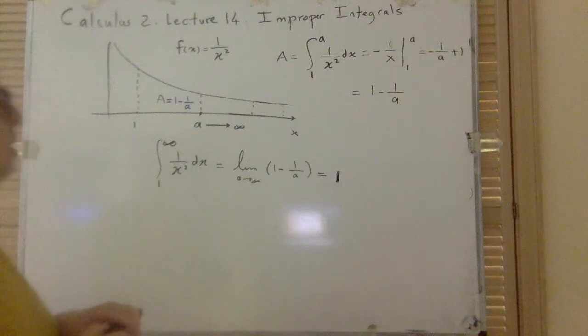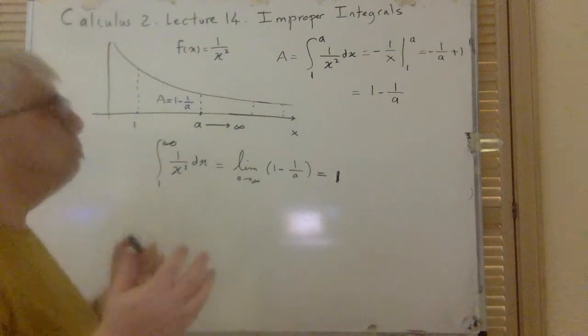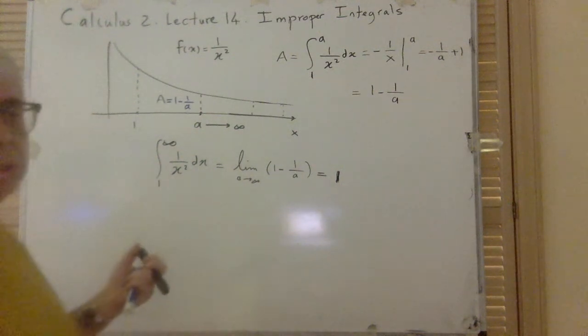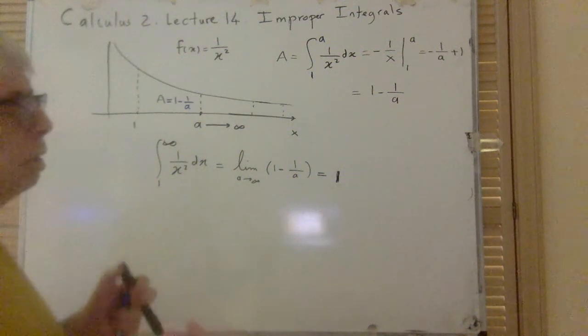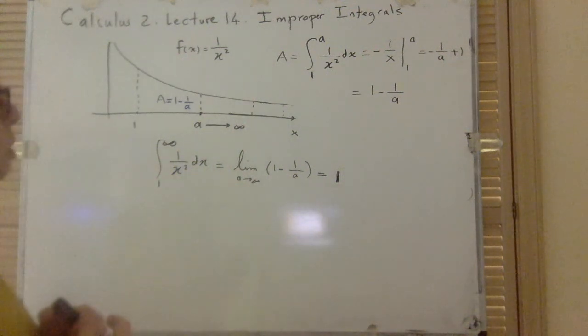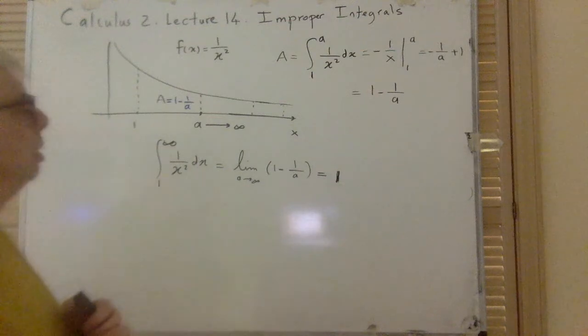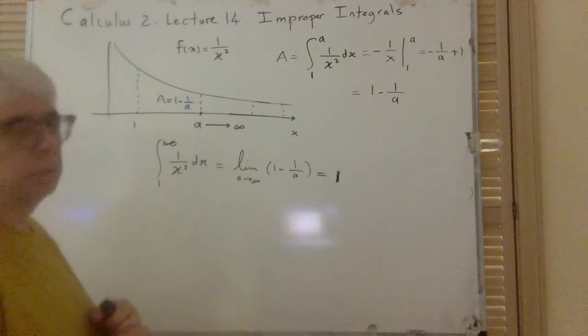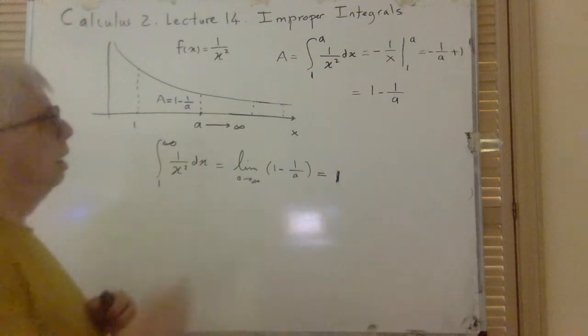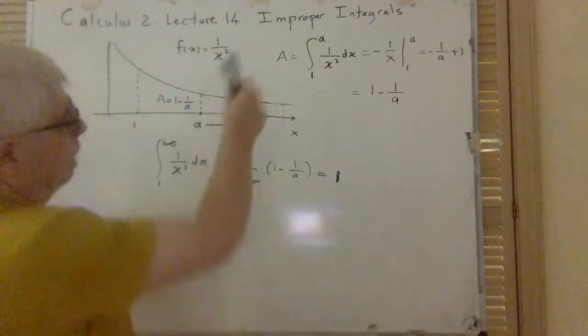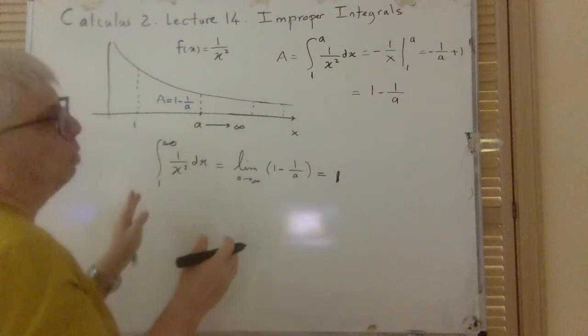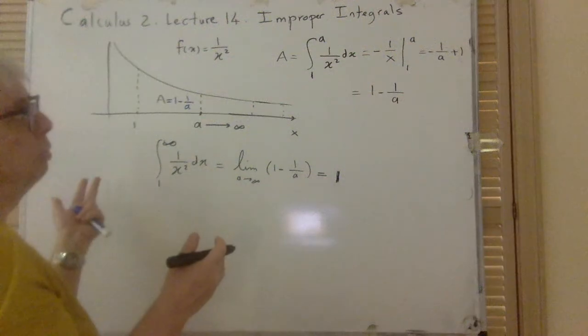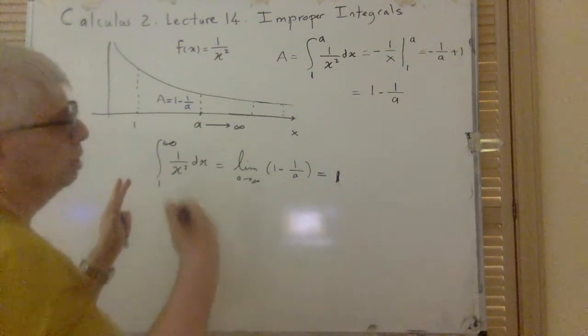represents an unbounded area, because an integral is area, right? So an unbounded area is called an improper integral. And this type, from some point, from left or right, it's bounded.